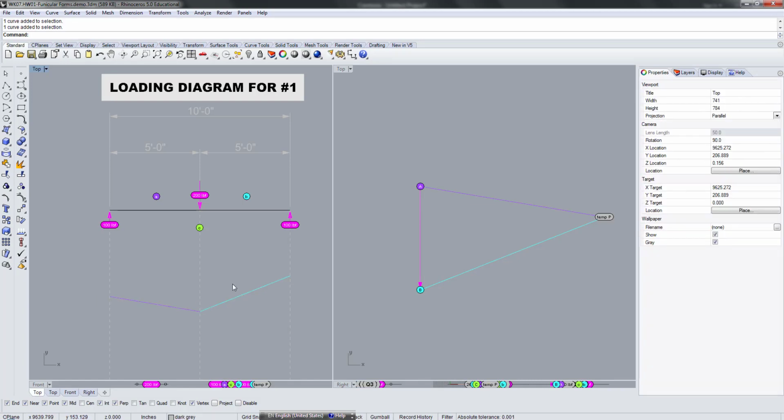Right, so now we have these two lines connected with each other.